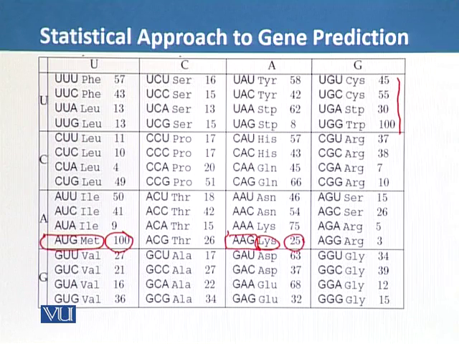Similarly, the codon AAA also codes for lysine, and its frequency is 75%. So the same amino acid is being produced by two different codons, but the frequency of each codon is very different from the other.